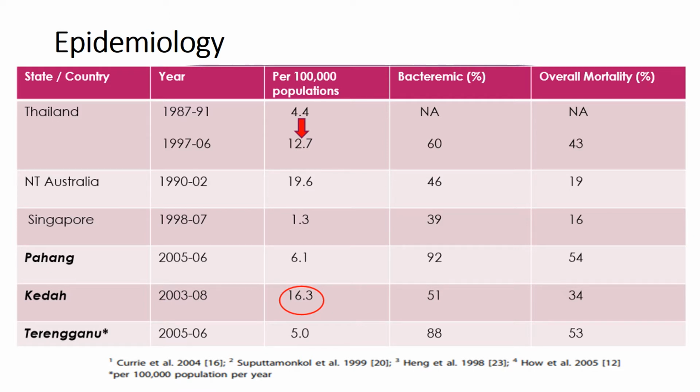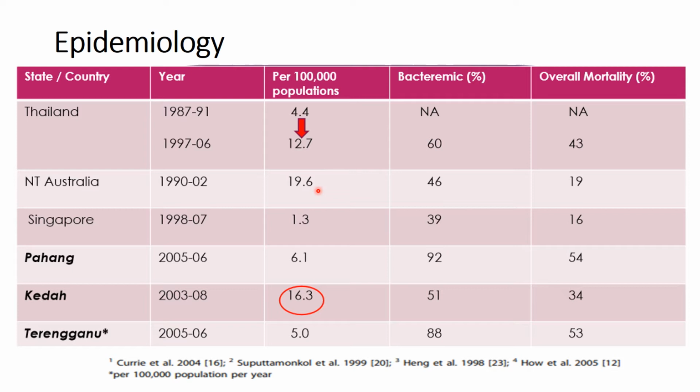The incidence of melioidosis recorded for Kedah is pretty high at 16.35 per 100,000 population per year, much higher than the rates recorded in other sites within Southeast Asia. If we look at the Northern Territory in Australia, the rate is also quite high at 19.6 per 100,000 per year.